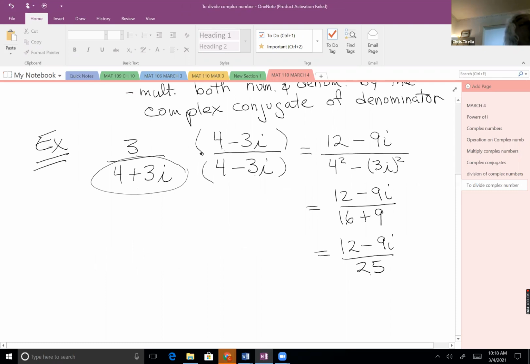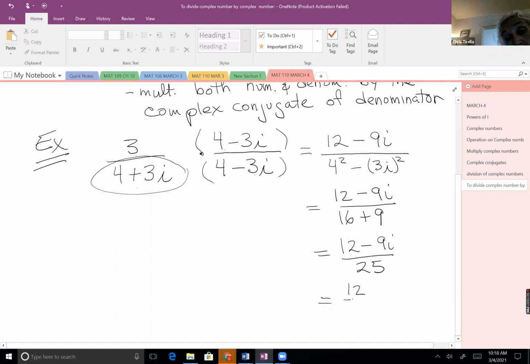And now what we've got is something like what we did on the preceding page, where we were dividing a complex number by a real number. And so we want to make sure that we divide both of the terms in the numerator, both the real part and the imaginary part, by that to put it in standard form.